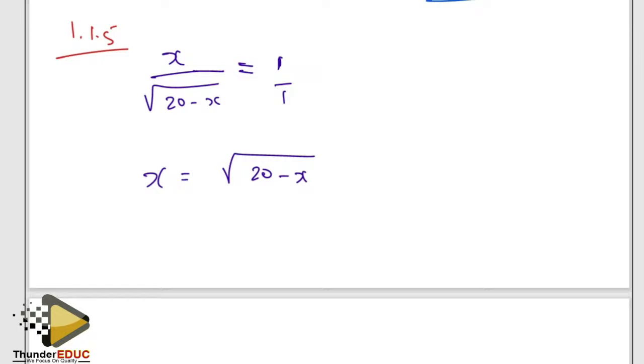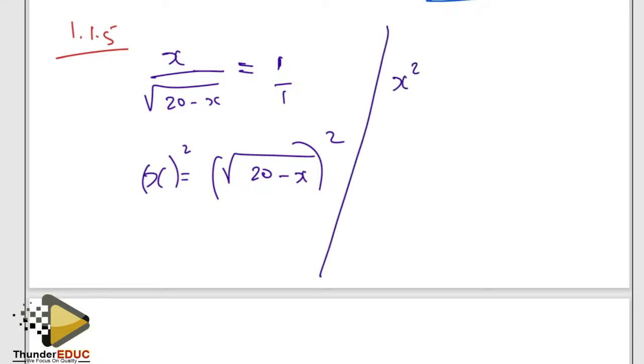The next step we said was to square both sides so that we get rid of the root sign. When you do that, we're going to end up with x squared is equal to, the root sign falls away, 20 minus x. Then create a standard equation, that's going to be x squared plus x minus 20 is equal to 0.